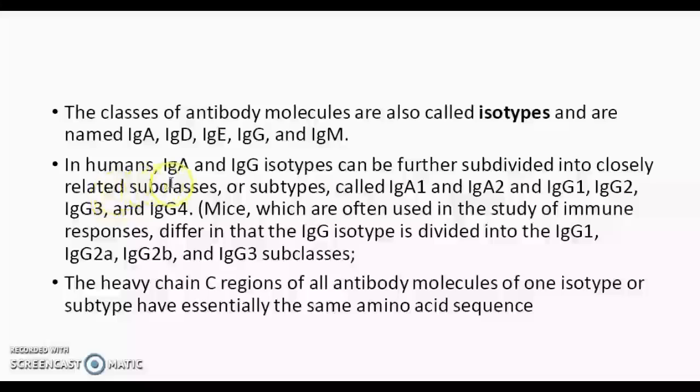In humans, IgA and IgG isotypes can be further subdivided into closely related subclasses or subtypes called IgA1, IgA2, IgG1, IgG2, IgG3, IgG4. In mice, there is another subdivision, IgG2 into IgG2a and IgG2b. The heavy chain C region of all antibody molecules of one isotype or subtype has essentially the same amino acid sequence.